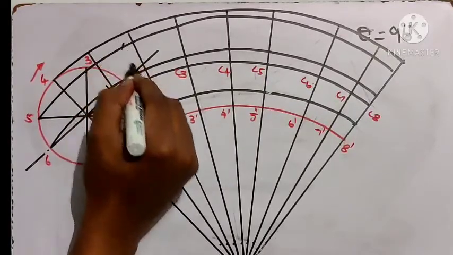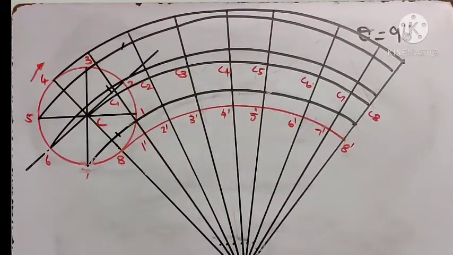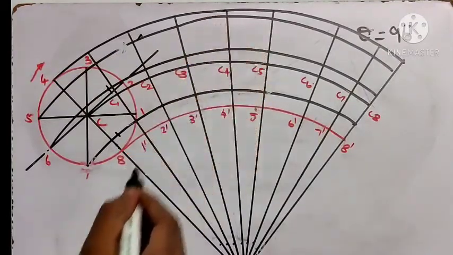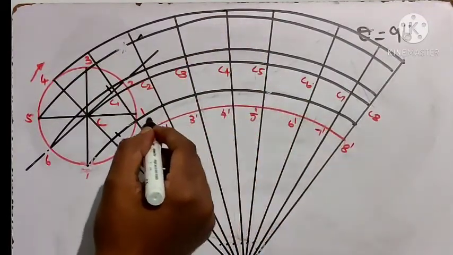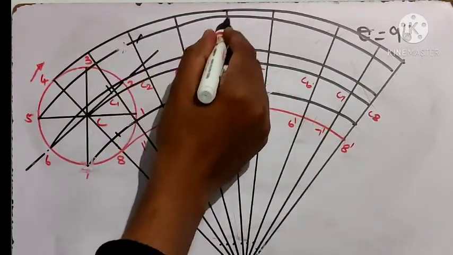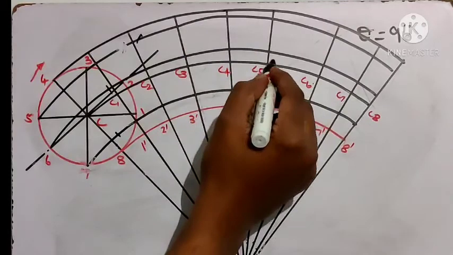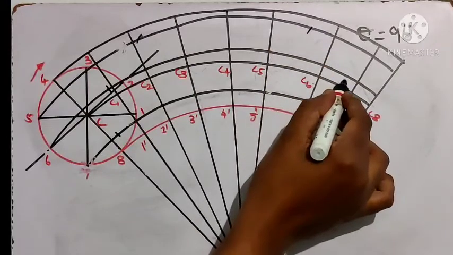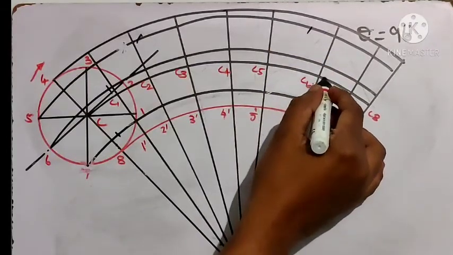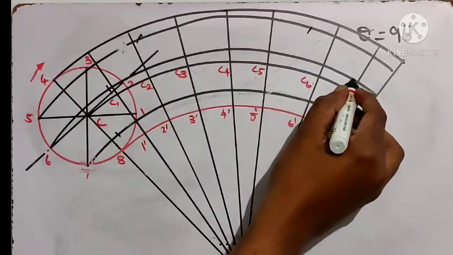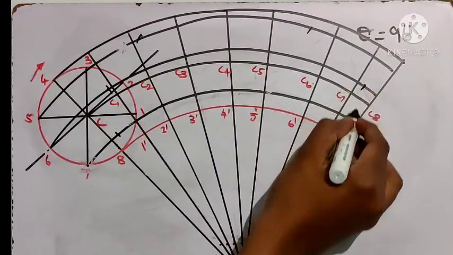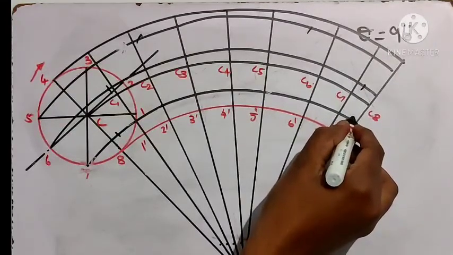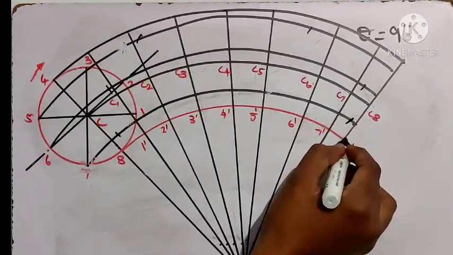And C3, C4, and so this is C5 and this is C6, and this is C7, and from C8 if you mark, it will come here.